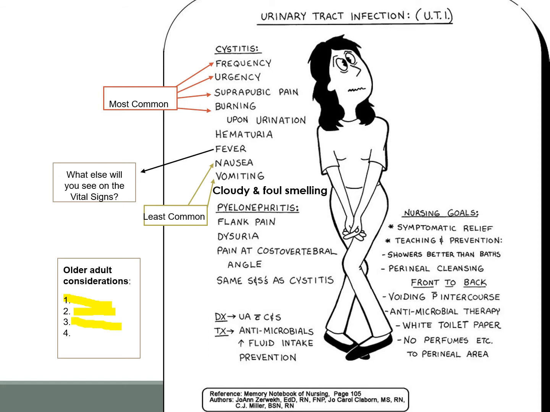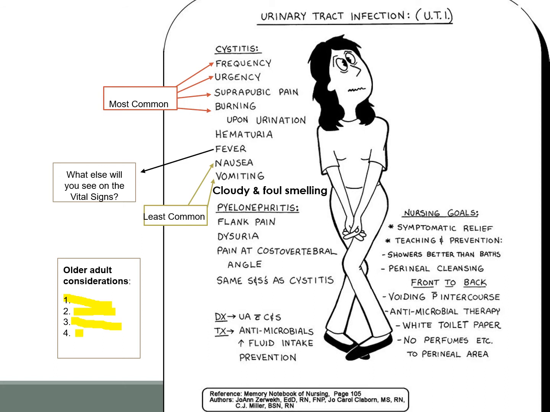Number 3, they will have no urinary manifestations, but the vital signs will change. And what I mean by that is they will have a fever, they will get tachycardic, they'll have tachypnea, and maybe even hypotension. This is actually a very bad finding because this means that your patient has probably already developed urosepsis.